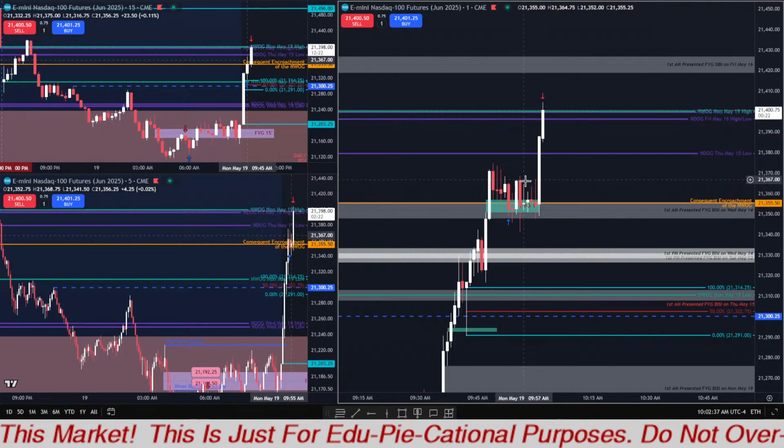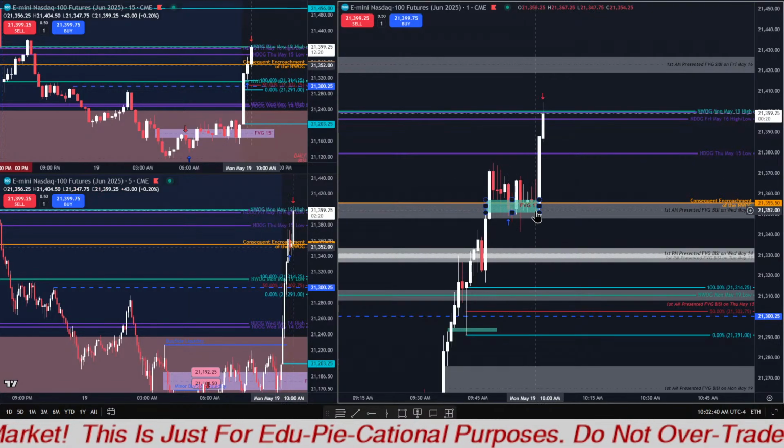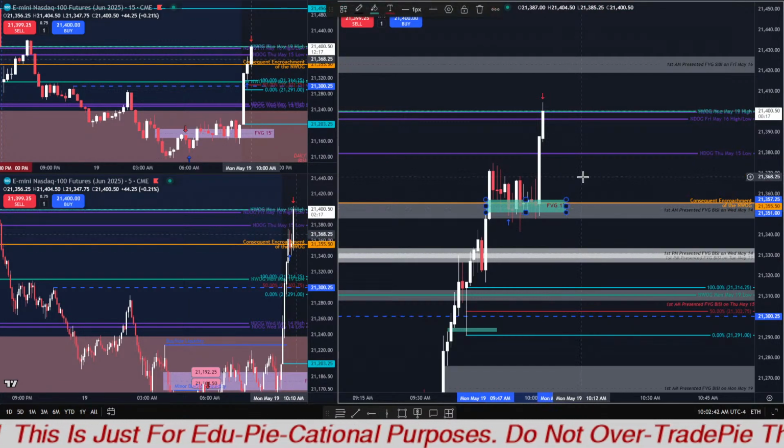Look at the bodies of these candles over here. All of them are respecting this 1 minute fair value gap.